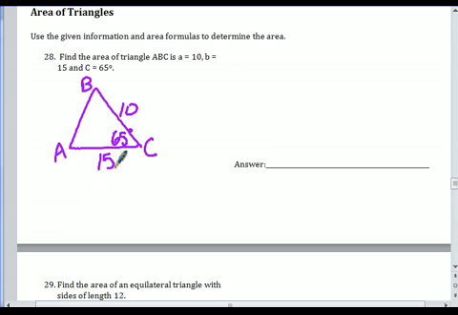Now if you look at your foldable on the area formulas, you'll notice that we have two different area formulas. One of them is to be used when we have side, angle, side. The other one is to be used when we have side, side, side.